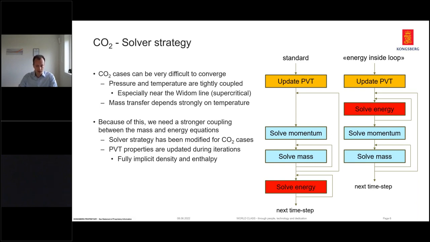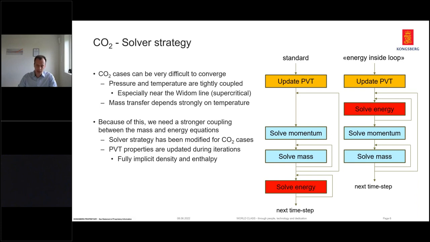That is not a problem. It's actually very efficient to do it this way, as long as the PVT properties are not very sensitive to the temperature compared to the pressure. So this works really well for standard applications. But here we have to do something else, which is what we call the energy inside loop option, which is what we recommend for CO2 cases.